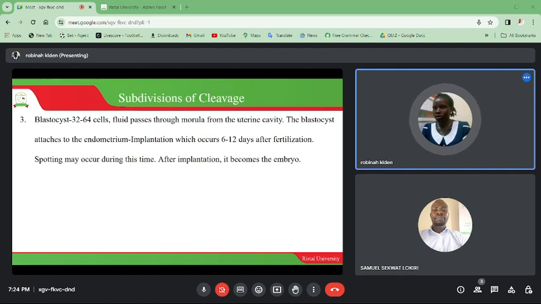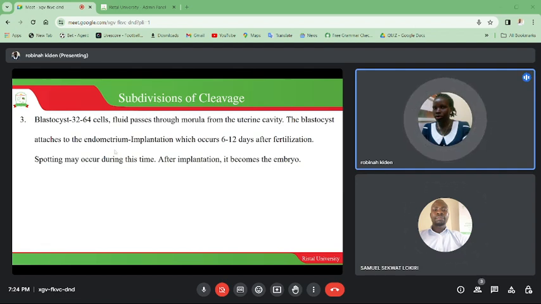The blastocyst attaches to the endometrium, and this is what we refer to as implantation. It happens between the 6th and the 12th day after fertilization.